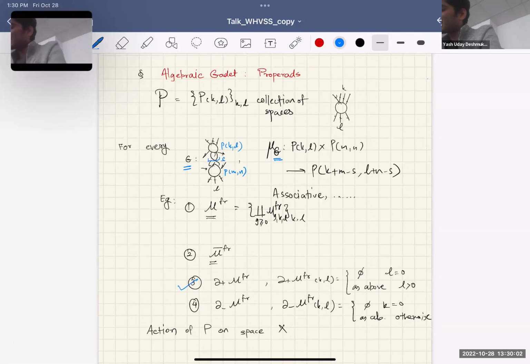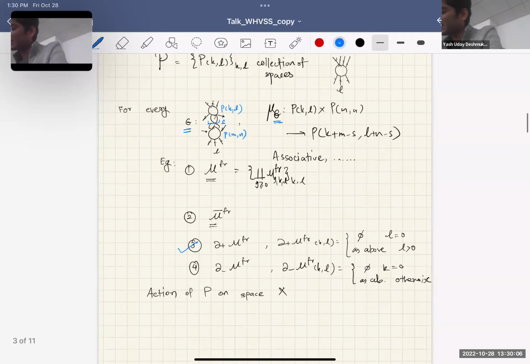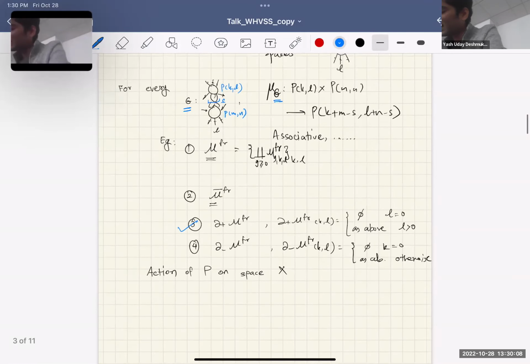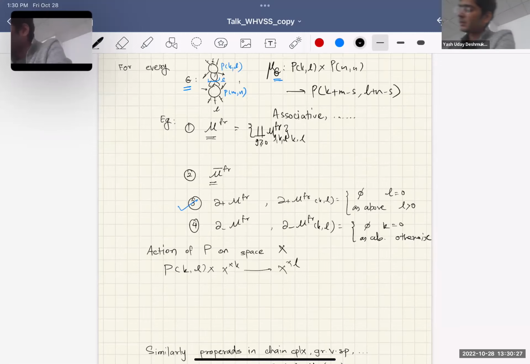Like any algebraic structure, why we are interested in properads is because they have representations, their actions. So let me say what an action of a properad means. If you have a properad P, its action on a space X is just maps as follows: P(k,l) times X to the k maps to X to the l.